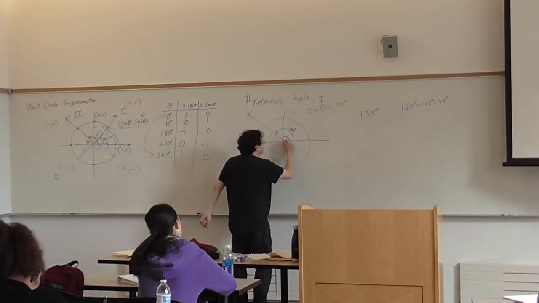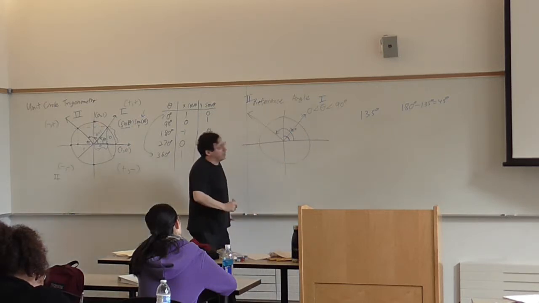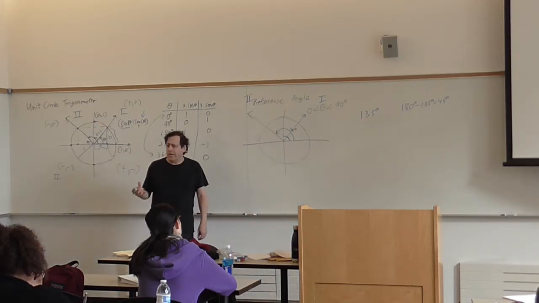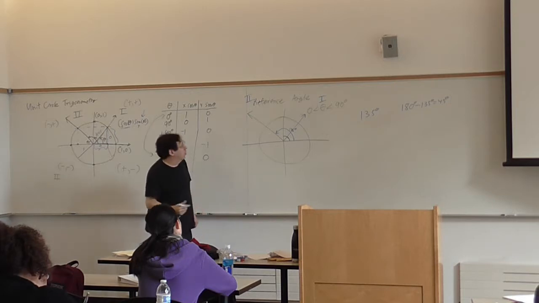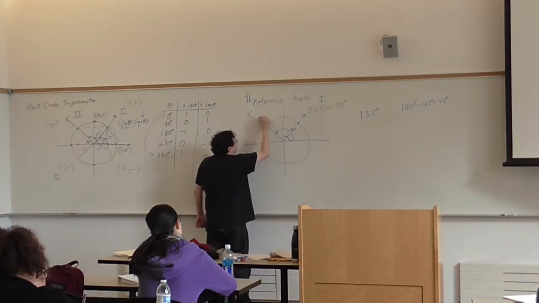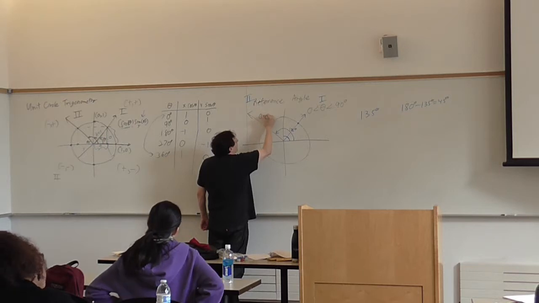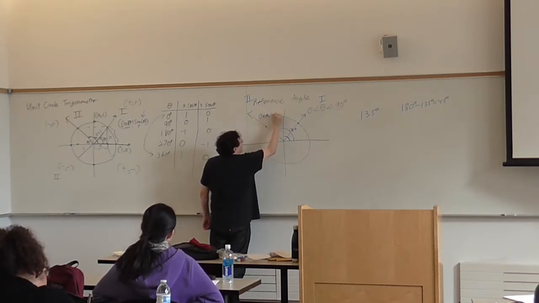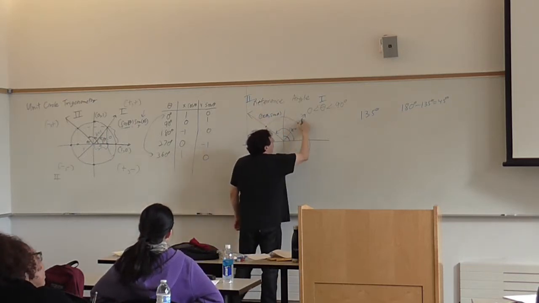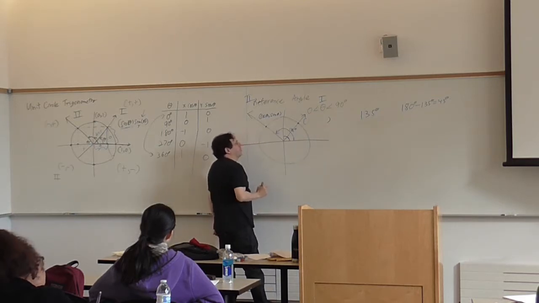So its reference angle, of course, is still in the first quadrant. So why are we making this distinction? Well, if you look at the sine and cosine here, the cosine of this angle and the sine of this angle correspond with the sine and cosine of the reference angle.